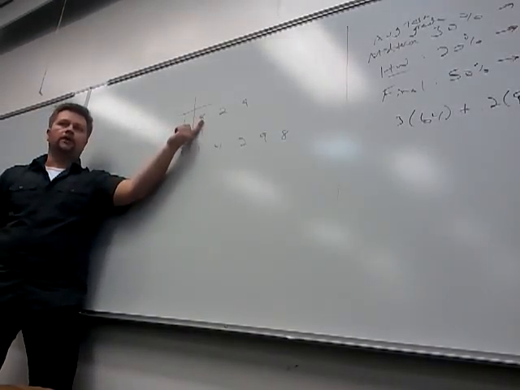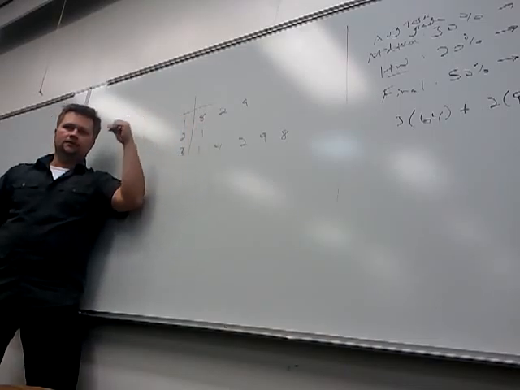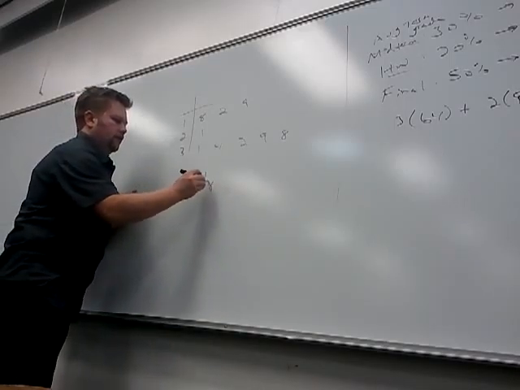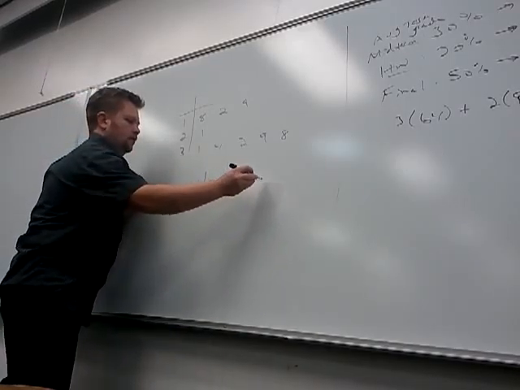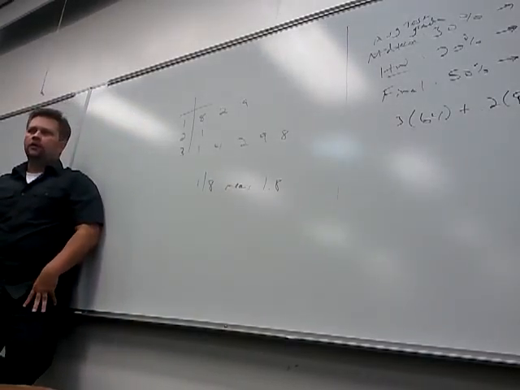This could mean 1.8. This could even mean 0.18. This could mean 108. It could mean a lot of different things. So I need a key. 1.8 means, and in my brain I was thinking 1.8. But you'd have no way of knowing.